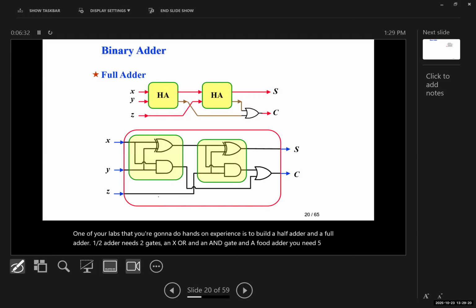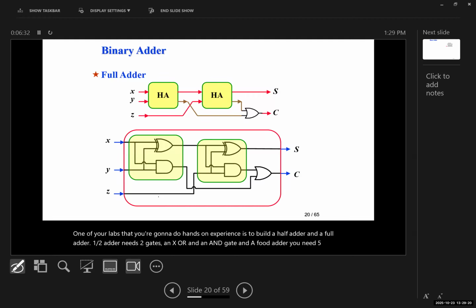So for the first XOR gate, if X is 1, Y is 0, XOR of 1, 0 gives us what? 1. And the AND gate, this is 1, this is 0, the AND gate would be 0. So the 1 here is also connected to the 1 here. So this 0 goes down to the OR gate. Now what about Z?